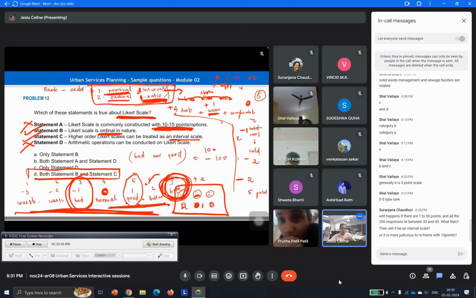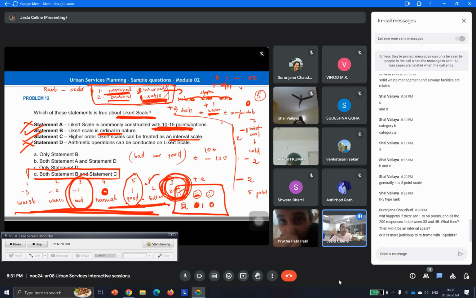If all the 200 responses lie between 33 and 45, what are you using this for? Are you using this to find the majority vote? If so, then you don't have to do anything, because it's lying between 33 and 45, you know that whatever categorical values you have associated with 33 and 45, the opinion lies somewhere over there.